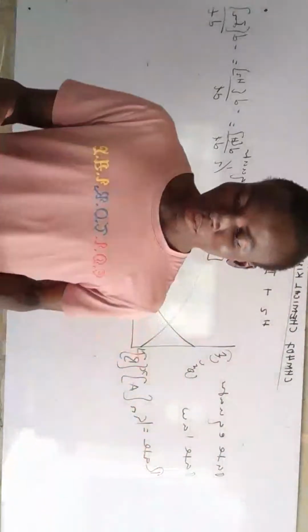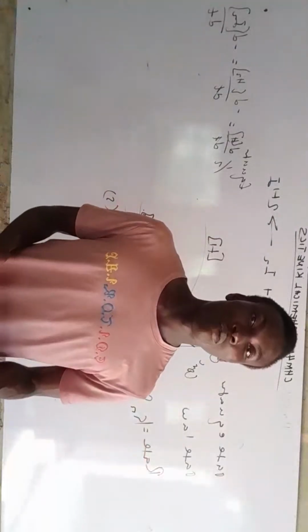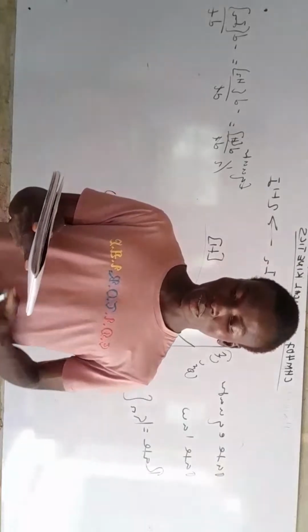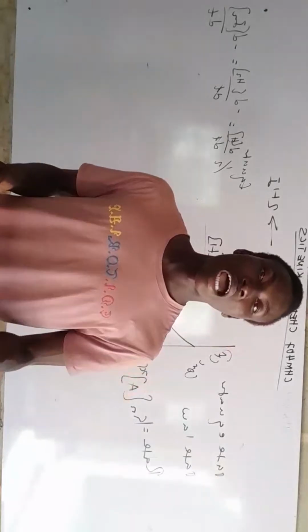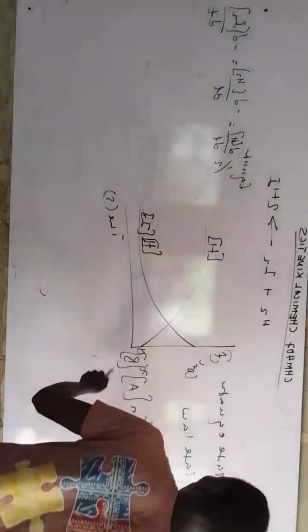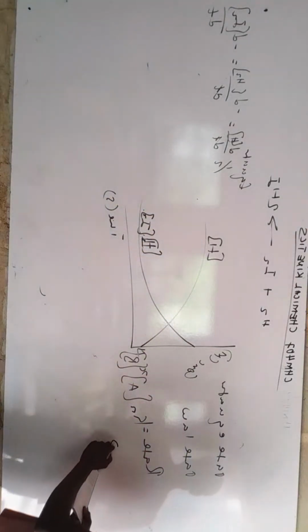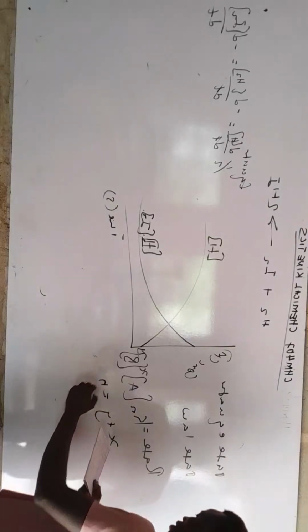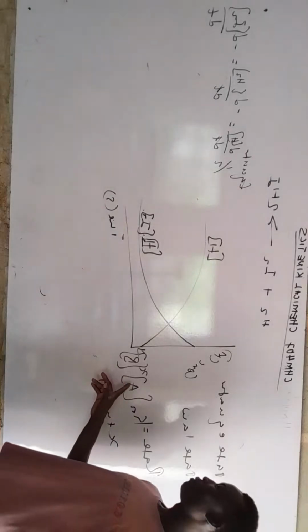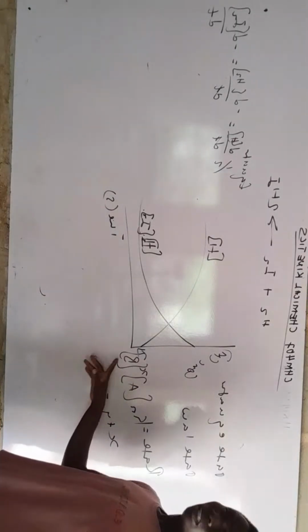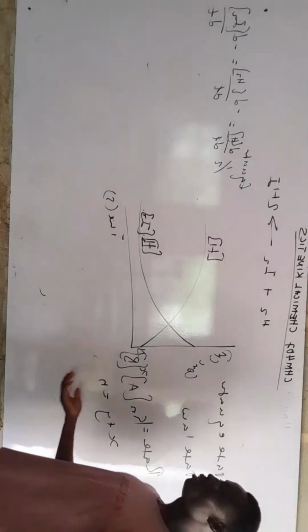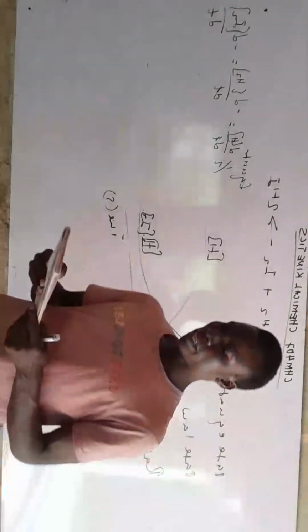Here, k represents the rate constant, x is the order of reaction of A, and y is the order of reaction of B, and the overall of the two of them gives x plus y, which is equivalent to n. So the order of reaction of A is x, the order of reaction of B is y, and the overall order is x plus y, which gives you n.